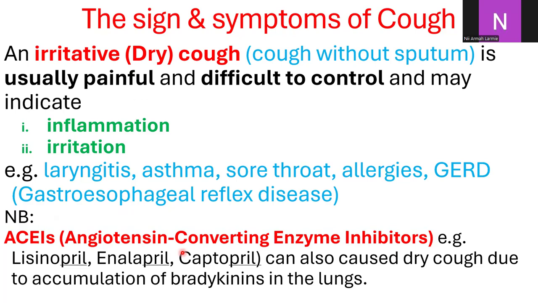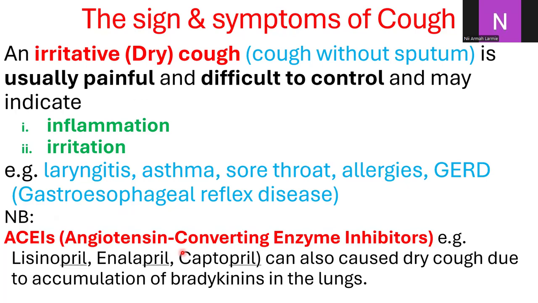In the lungs, these enzymes are responsible for the breakdown of bradykinin. But once they are inhibited by the ACE inhibitors, bradykinin begins to build up in the lungs. The buildup of bradykinin in the lungs is what causes the irritation and leads to the dry cough that is produced as a result of ACE inhibitors.